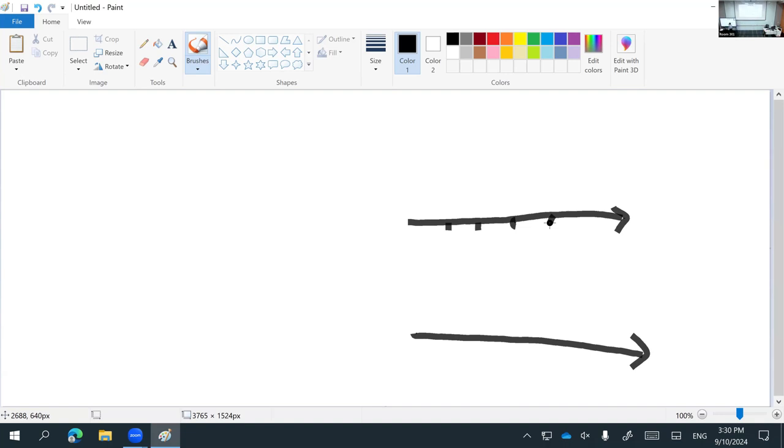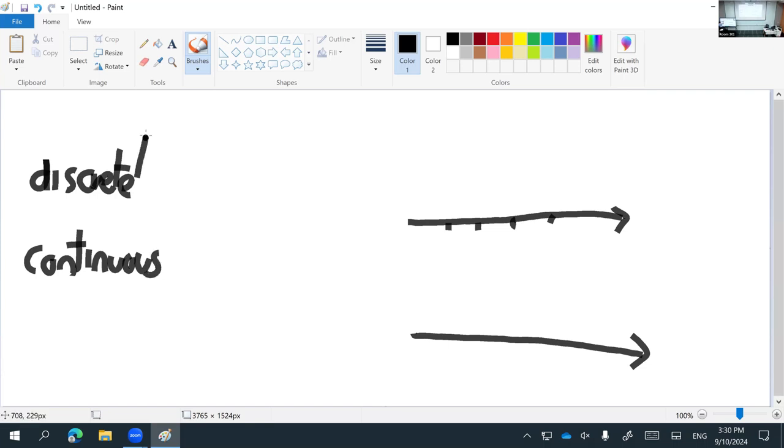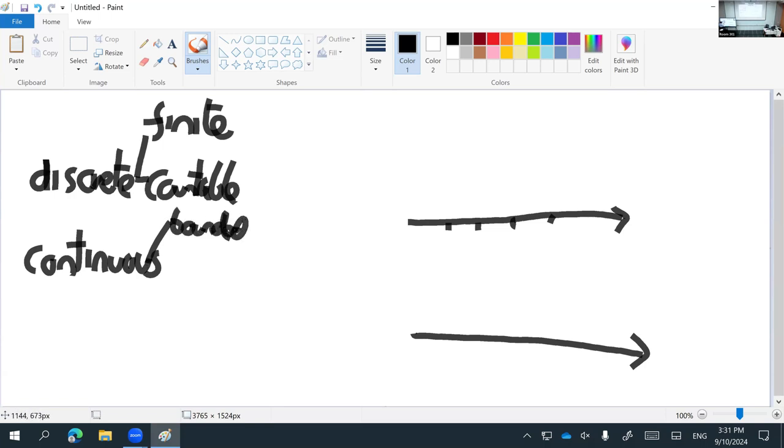I could do something like this: discrete, continuous, finite, countable, bounded, semi-bounded, then unbounded. But right now I'm just going to talk about 2 major groups. Can we do that?